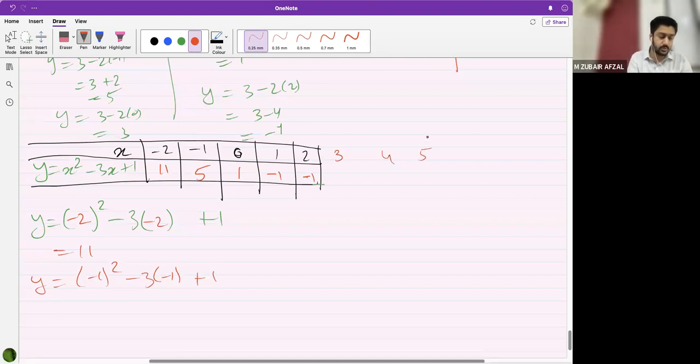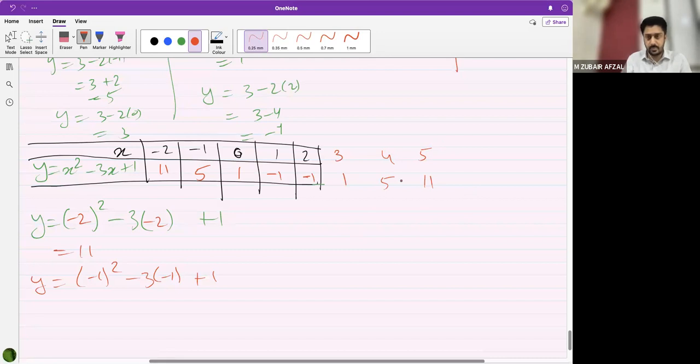So changing the value of x to 3 gives 1. Changing the value of x to 4 gives 5. Changing the value of x to 5 gives 11 again.